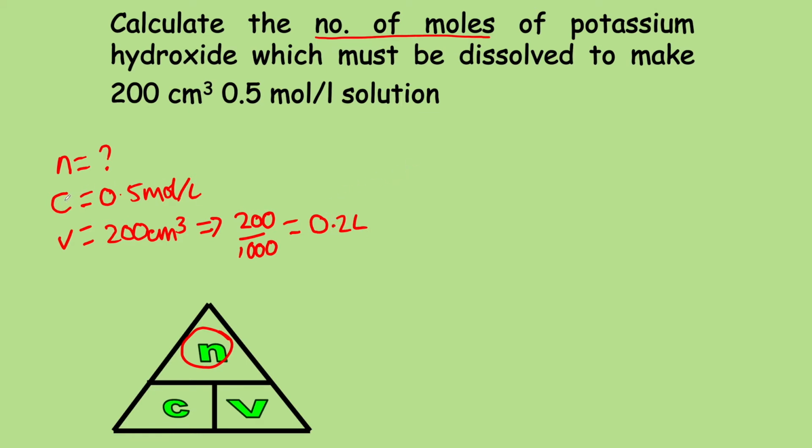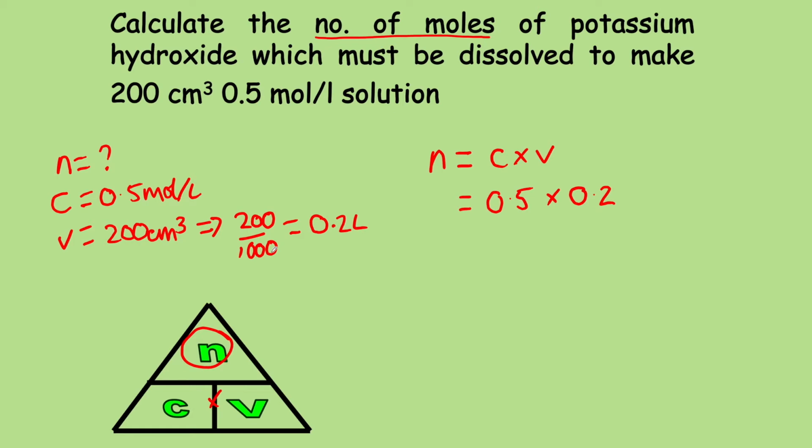So we now have our concentration, we now have our volume, and we want to figure out our number of moles. So our number of moles equals C times V, our concentration times our volume, which we can just put our numbers in now. Our concentration was 0.5 and our volume was 0.2 in the end, not 200, because we have to convert it.